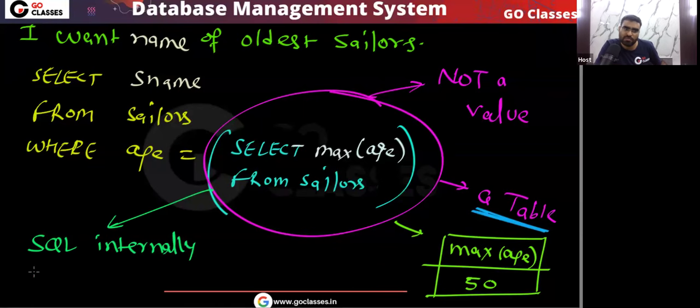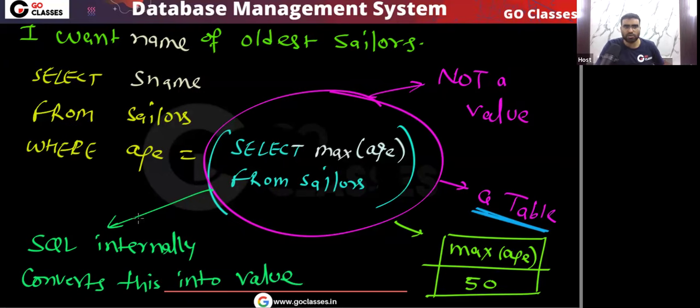So SQL will internally convert this into a value. Is this clear?